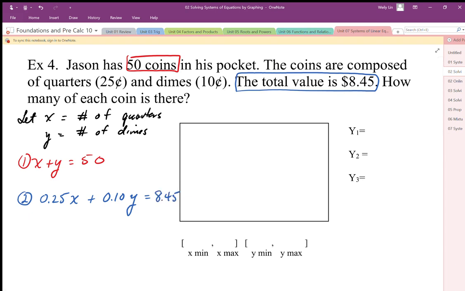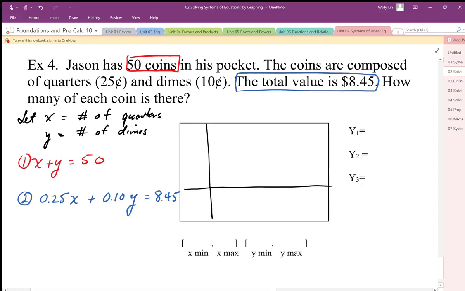Once I have my two relationships, I can just put them into my graphing tool. So I'm going to go x plus y equals 50. And the other relationship works out to be 0.25x plus 0.1y equals $8.45. So when I graph this, I know that I don't really need to worry about the negative parts of this graph.